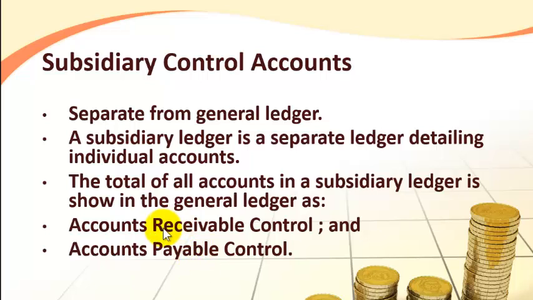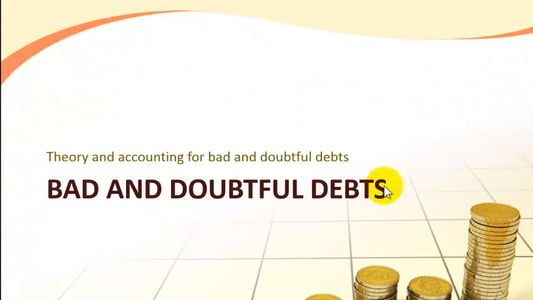In the past, you would have just seen accounts receivable and accounts payable. Okay, what this means is that the control account controls the total of all the individual items in the respective subsidiary ledgers. Now, when we talk about credit transactions, we also need to talk about the topic of bad and doubtful debts.